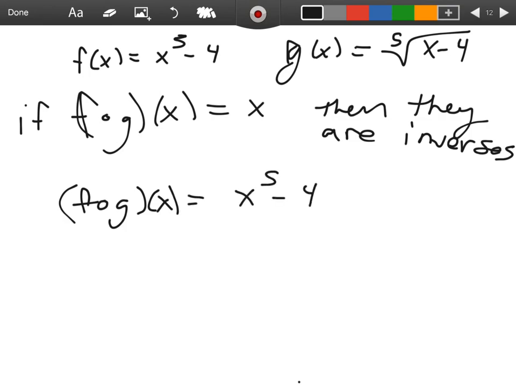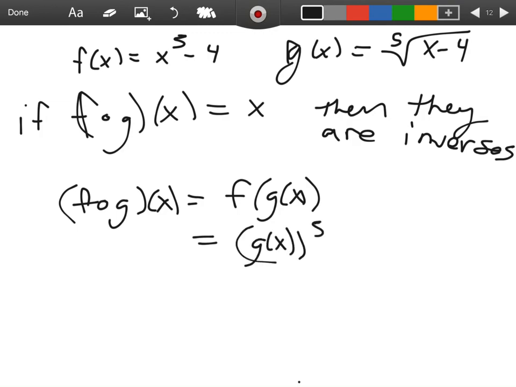So if I find f composed of g, let me back up a little bit. Let's do f of g. So that's going to be g of x to the fifth minus 4, which is the fifth root of x minus 4 minus 4.